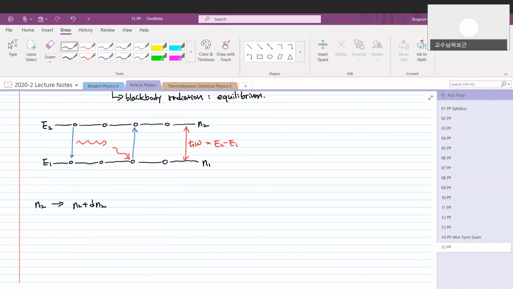We can consider two reasons, so we divide into two cases. One is spontaneous emission, and the second one is stimulated emission.